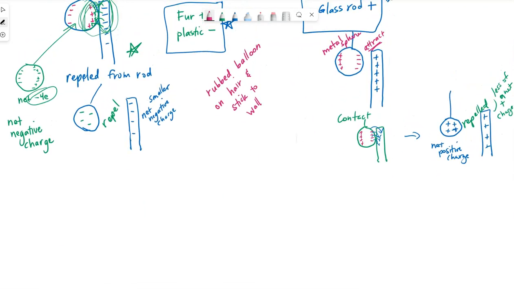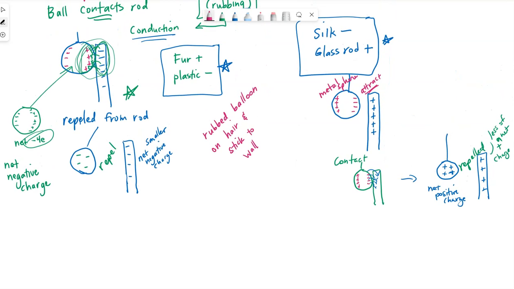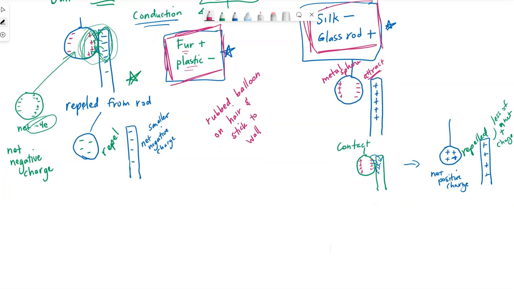Now, if we think about these materials, fur and plastic, silk and glass, well, a balloon is rubber, it's plastic, it's along those lines. Our hair is not the same thing as fur, I know, but it's along the same line.